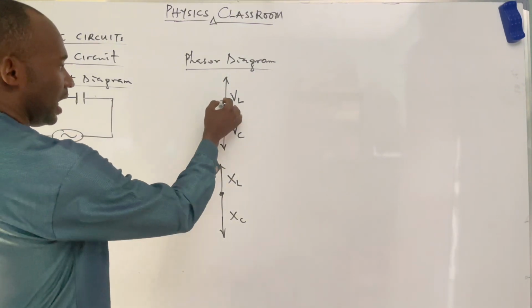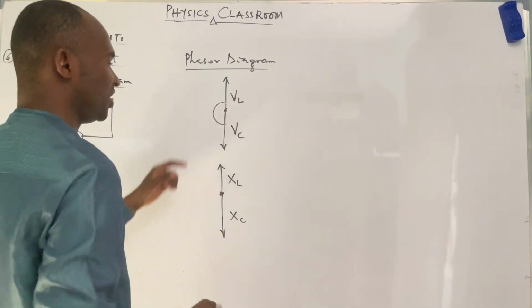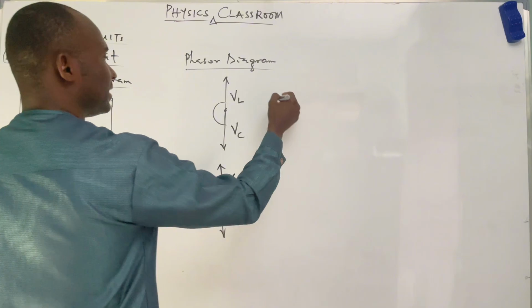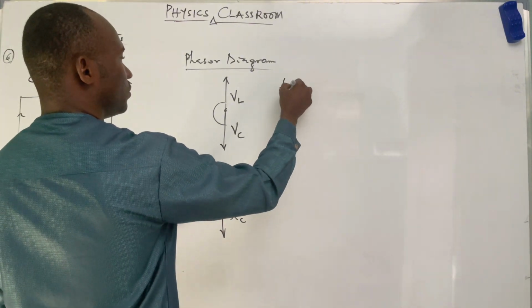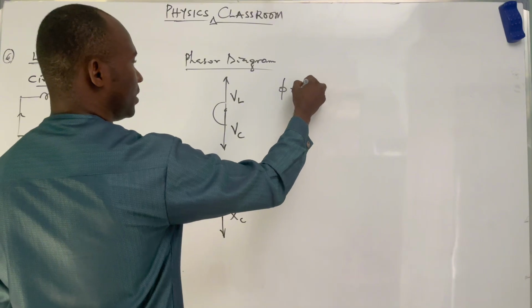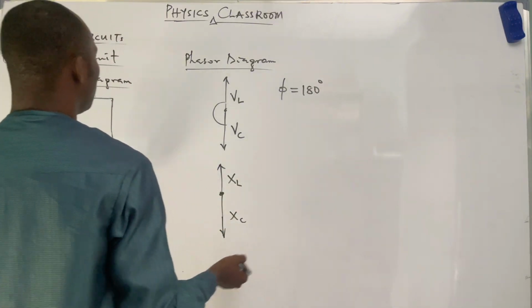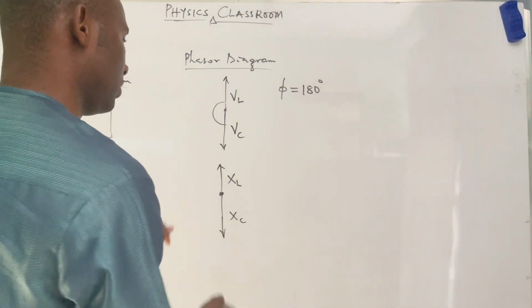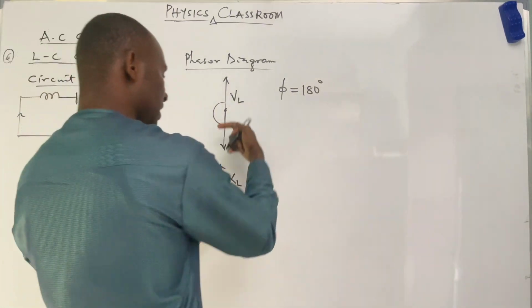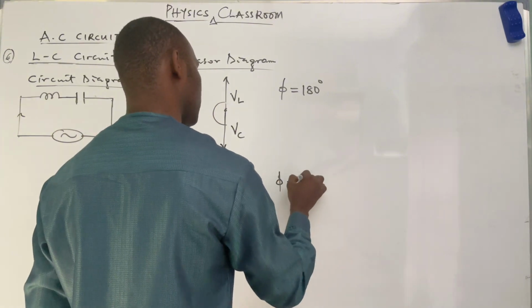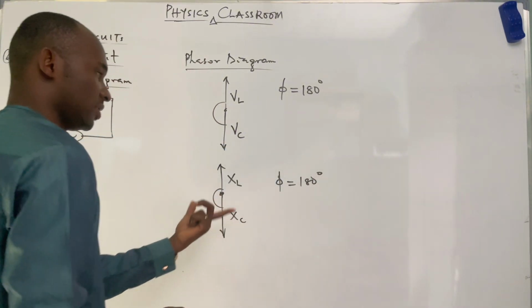An angle in a straight line is 180. Hence, the phase angle in this regard will be 180 degrees for the LC circuit. Please take notes. In either case, the phase angle is 180 degrees.